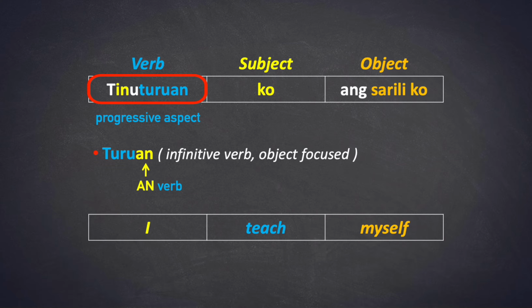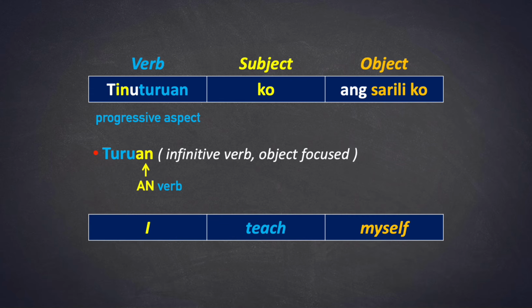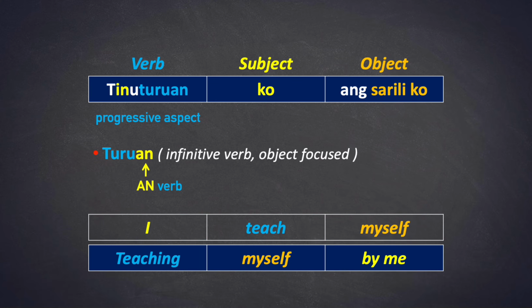If you've watched my videos on Tagalog verbs, you'd remember that the object-focused verbs are the equivalent of the English passive voice. So, though the sentence, tinuturuan ko ang sarili ko, means I teach myself, or I am teaching myself, it can also be interpreted in the passive form, teaching myself by me. So, Tagalog reflexive pronouns work best with object-focused verbs.